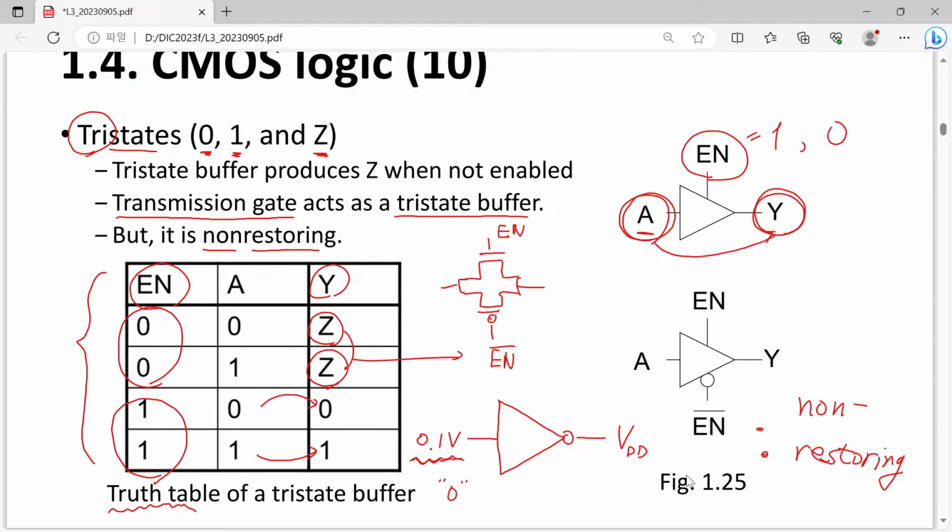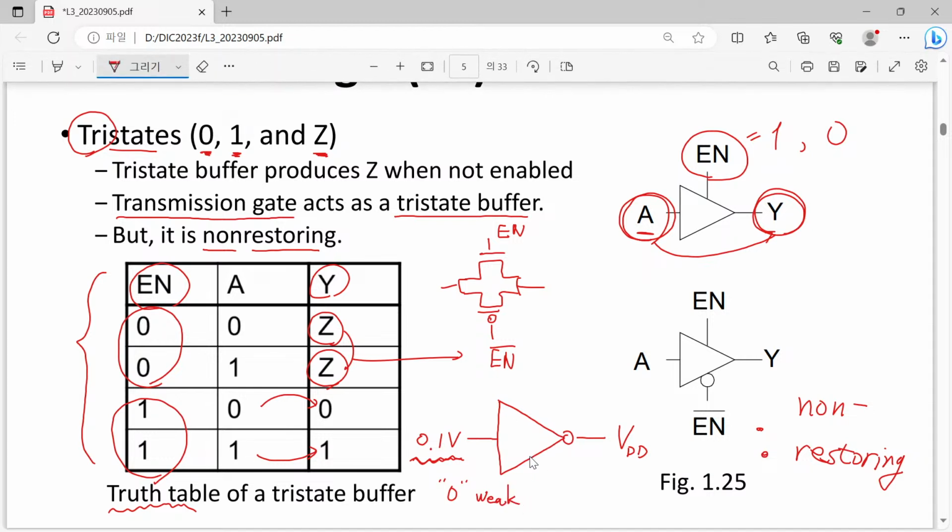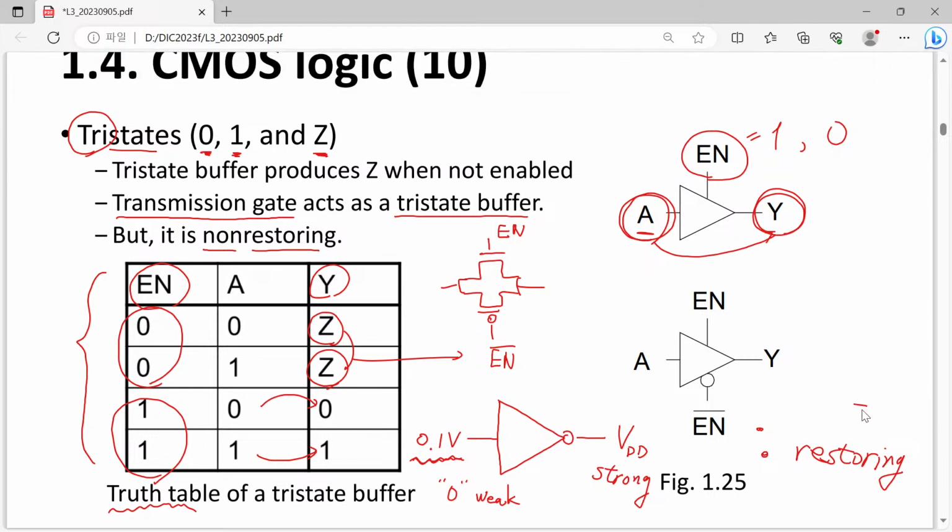Even though our input is weak, it is restored by the action of our inverter, so our signal becomes strong once again. In that case, we call it restoring. Good.